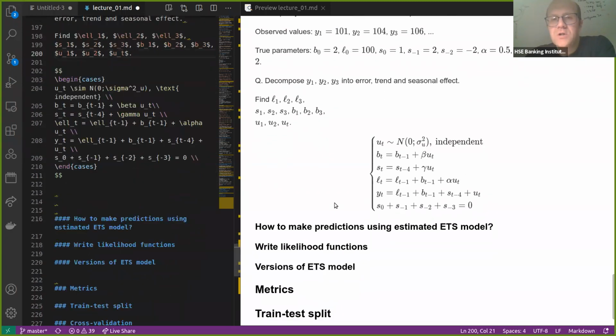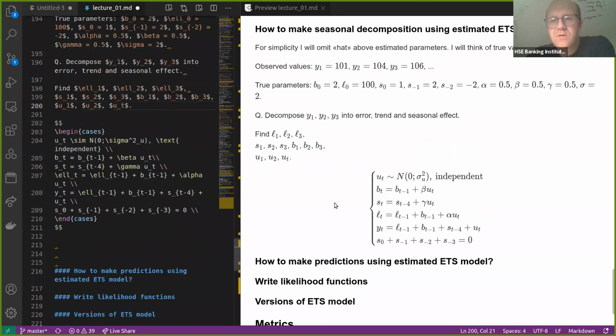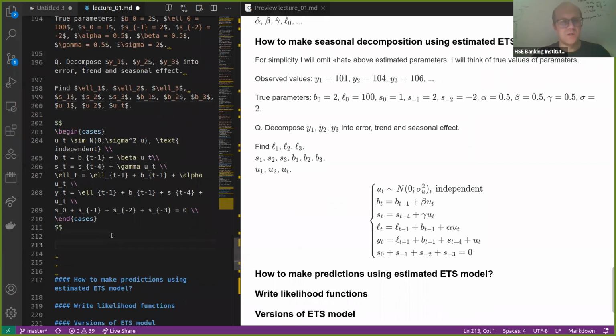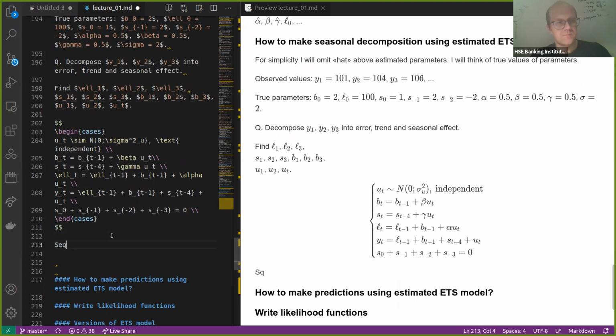Which equation can I use to calculate U1? I will start with U1. Who can tell me which equation it can be? So the sequence of calculations will be like that. First, I will calculate U1.